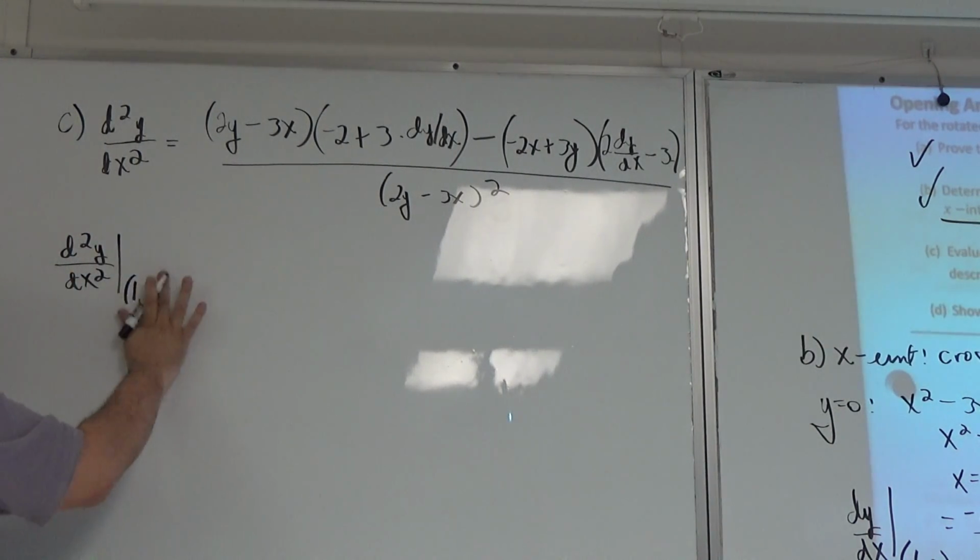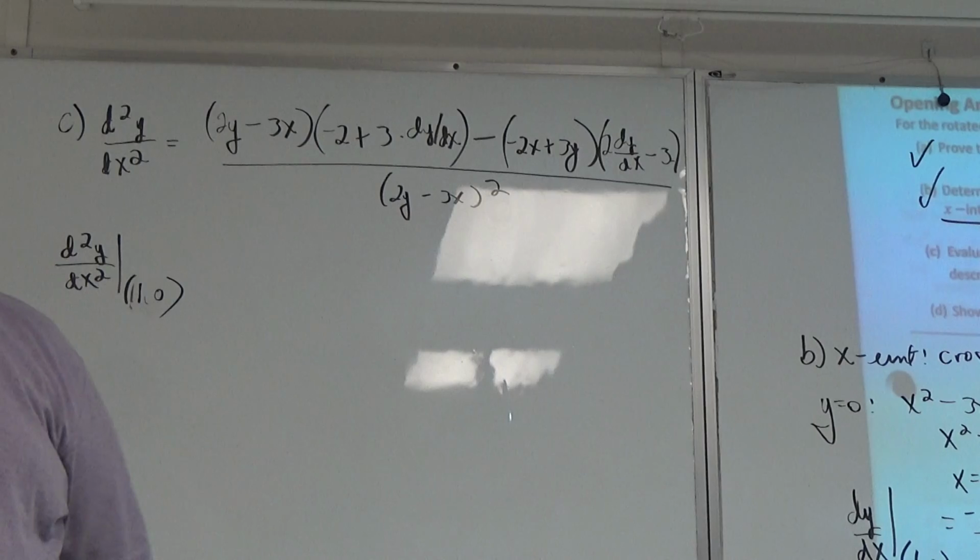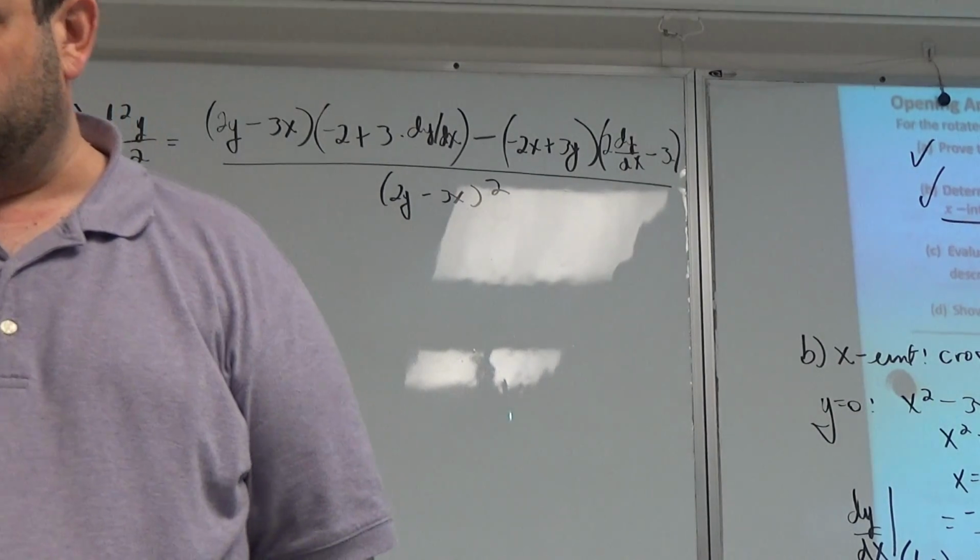Except the second derivative. Okay, but why are you setting it equal to 0? The question's asking for the second derivative at the x-intercept, so what are you going to do?